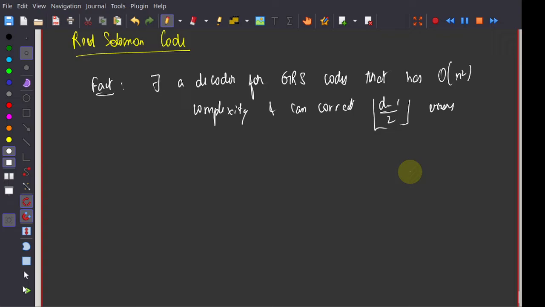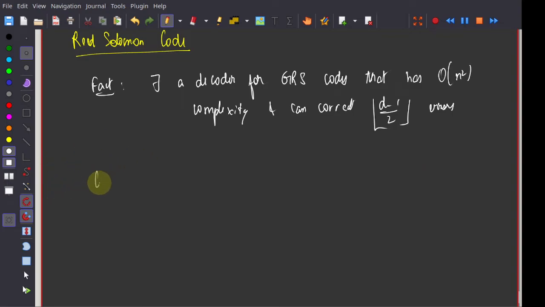Now, if you recall from the channel coding class, if you take a random code and then use it over any discrete memoryless channel, this random code can achieve capacity. But the only problem is you have to do maximum likelihood decoding, which takes exponential time.